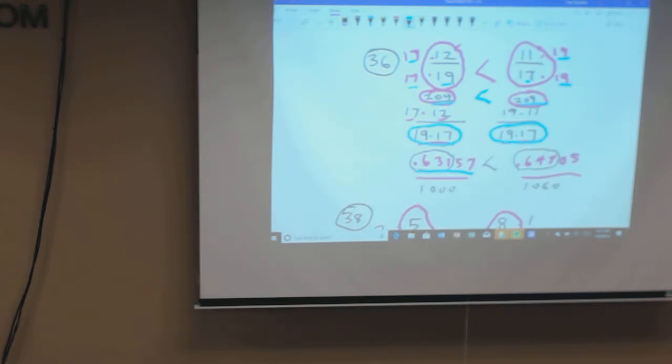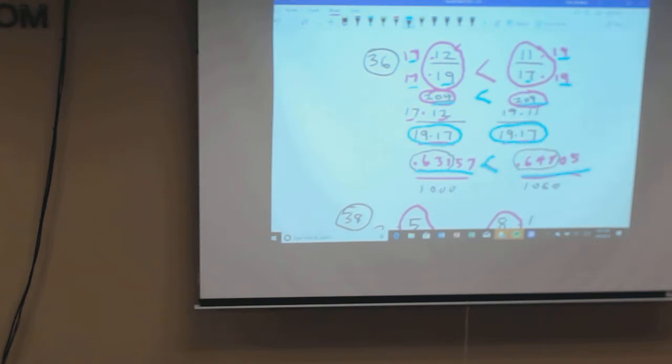Then I took 11 and divided by 17, and I got 0.6470588. So I go out 3 spaces, 0.631 and 0.647. That means this one is less than the other one. You follow me?